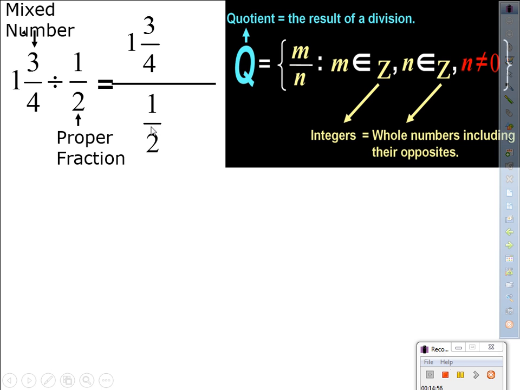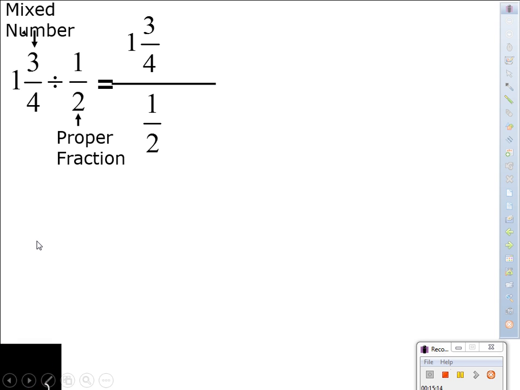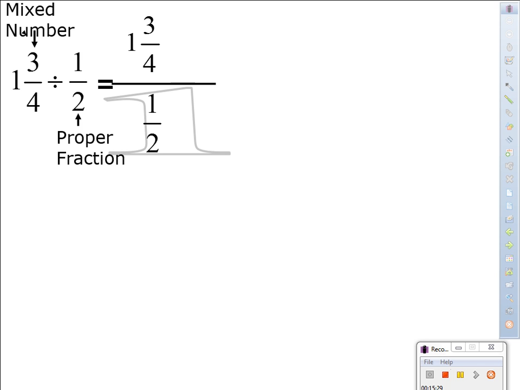Is that correct? So what would be the easiest integer that we can think of? The easiest integer. 1. There it is. There's a 1. Do you guys see it? Okay. So think about it, how can we make this 1/2 into 1?